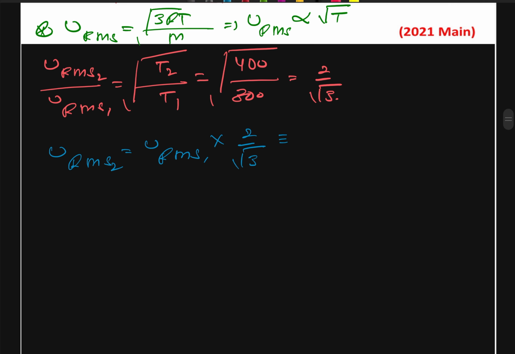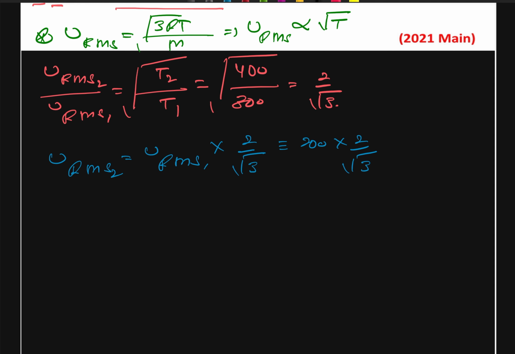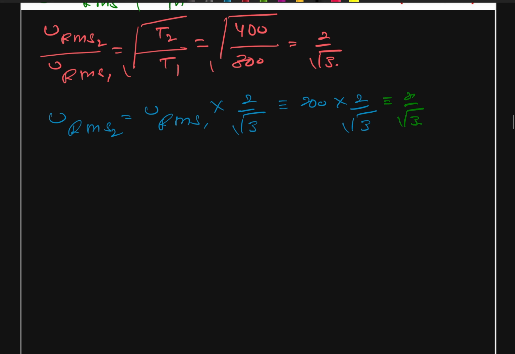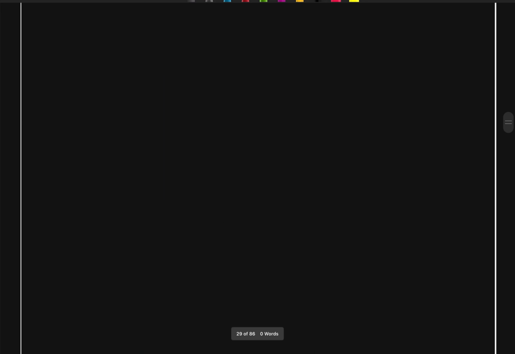So this comes as 200 times 2 upon square root of 3, but this is given to us as x upon square root of 3. So from here we can say that the value of x is equal to 400. So the value of x will be 400. Next question.